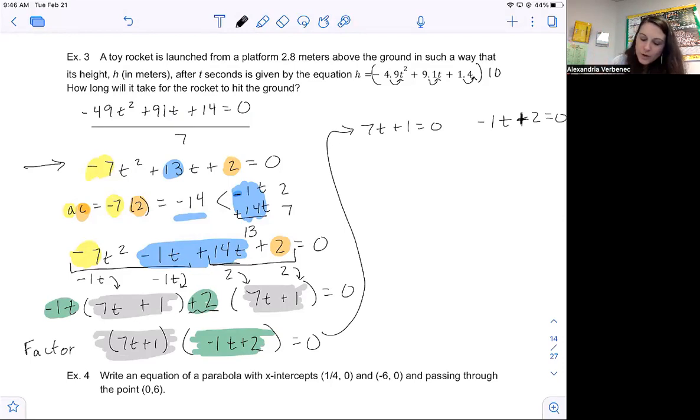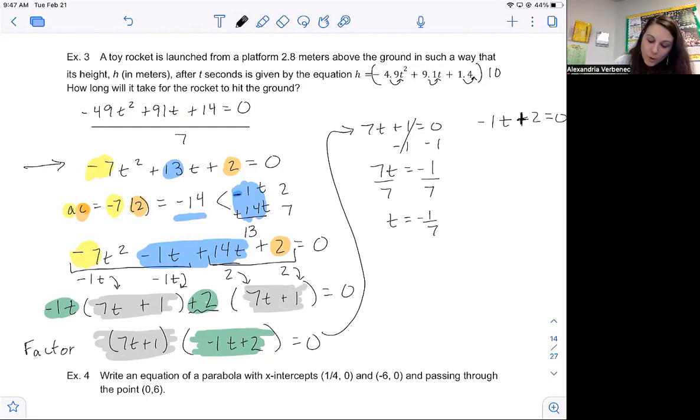Okay, so I could subtract 1 to get 7t equals negative 1. And then the next step is to divide by 7 to get t equals negative 1/7. Then I'm going to subtract 2 to get negative 1t equals negative 2. To get rid of this negative 1, I'm going to divide by negative 1. Remember, the point is to get t by itself. And that's going to give me t equals 2.